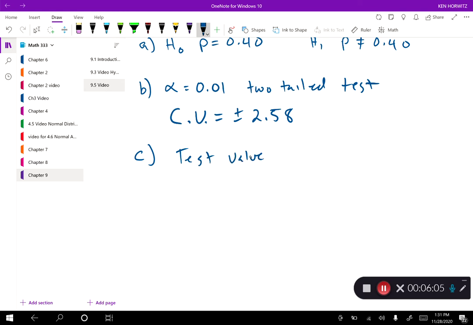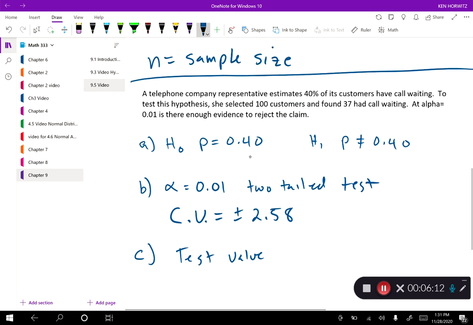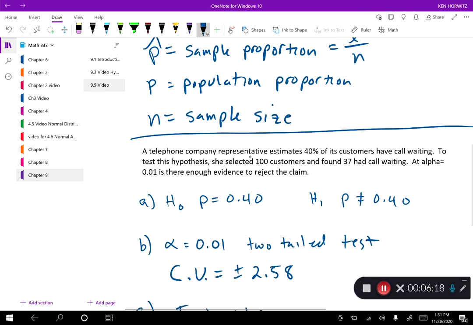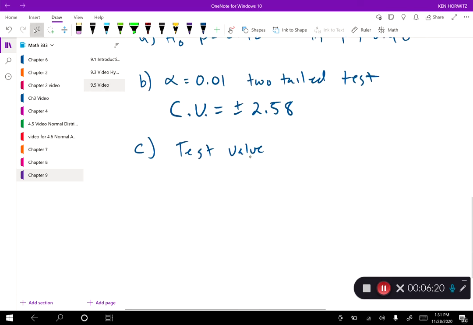Now for my test value, I'm going to use the formula that we had up here, this one. I'm going to say z equals p hat minus p over the square root of pq divided by n.